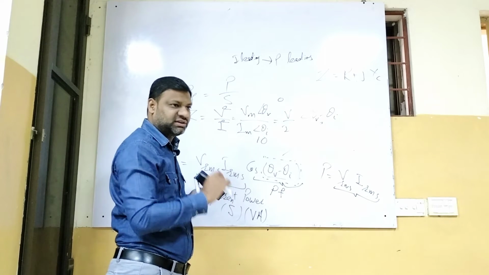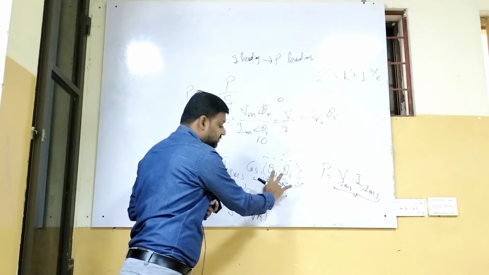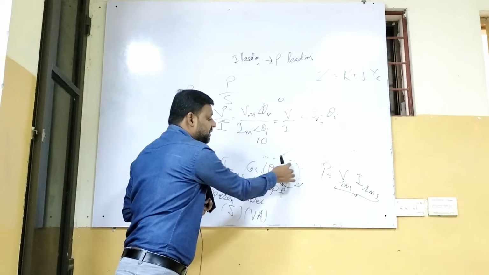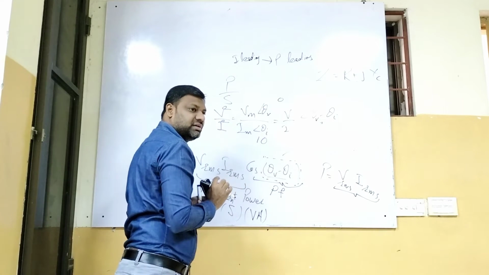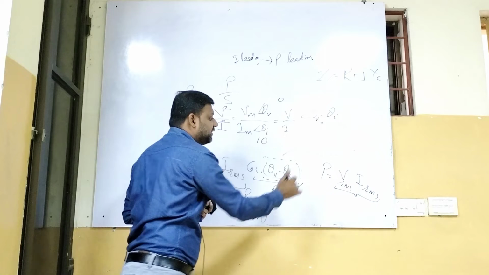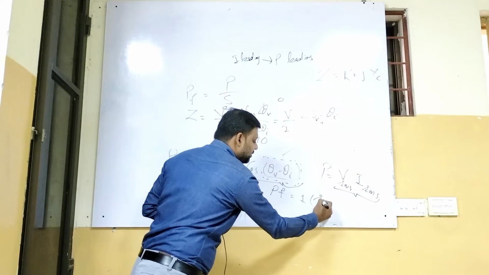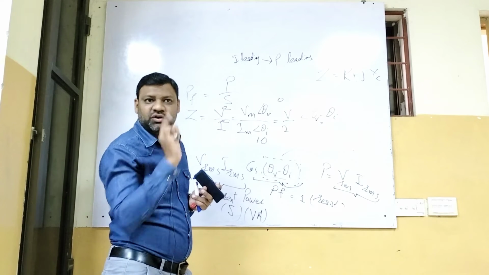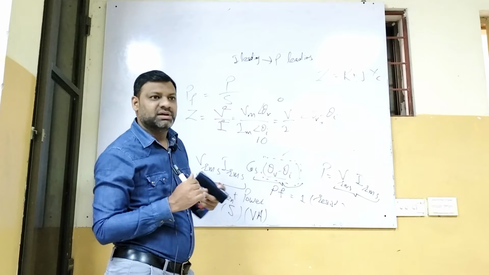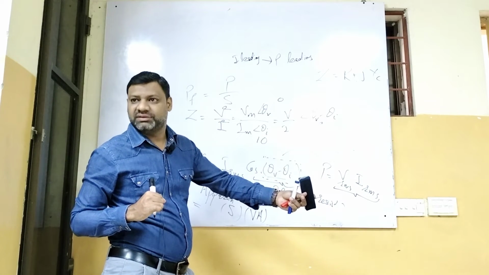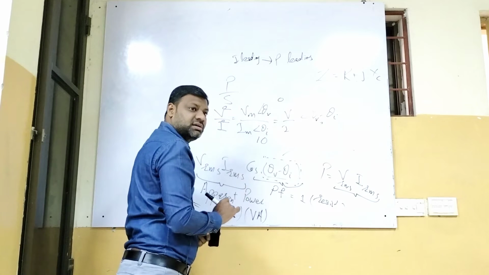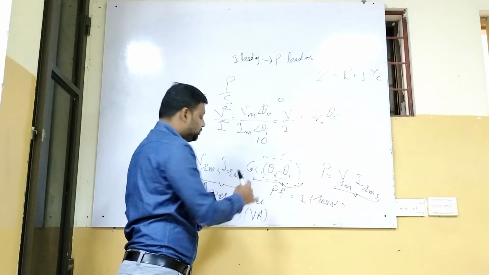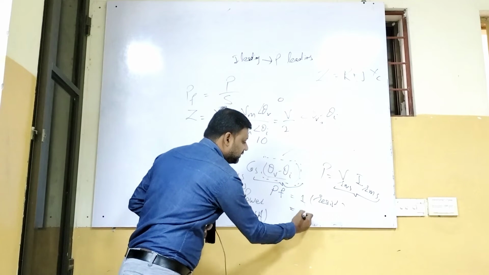Resistor has the same phases of current and voltage: 90 minus 90, 110 minus 110, 12 minus 12. The cosine of 0 is 1, so power factor will be 1. For the inductor and capacitor, they are 90 degrees out of phase. So 0, 90, or 270, vice versa. Cosine of 90 is 0.